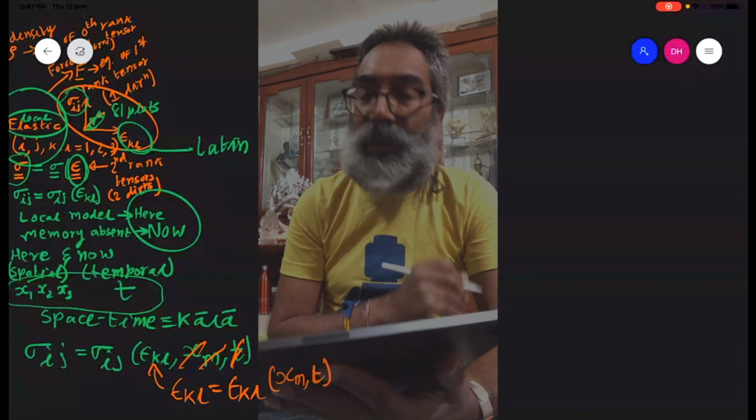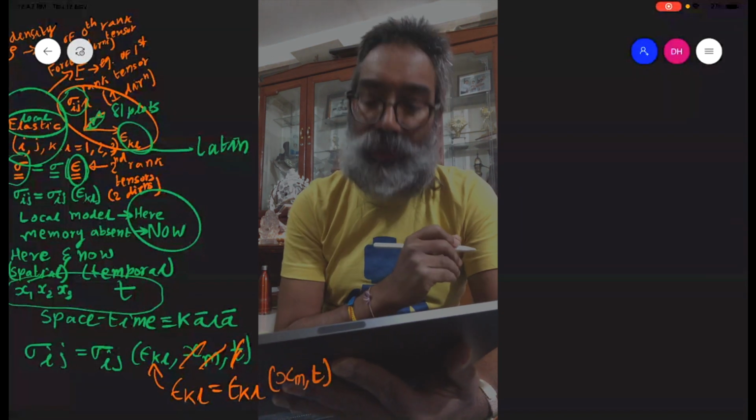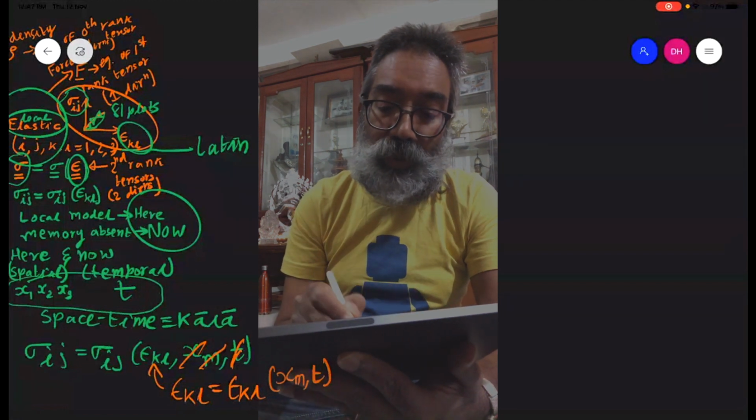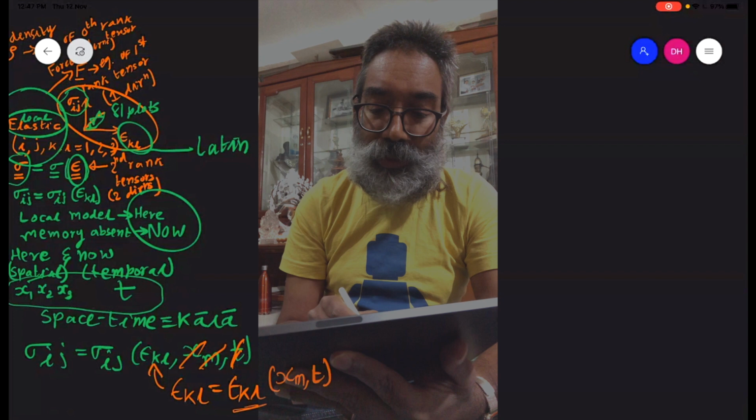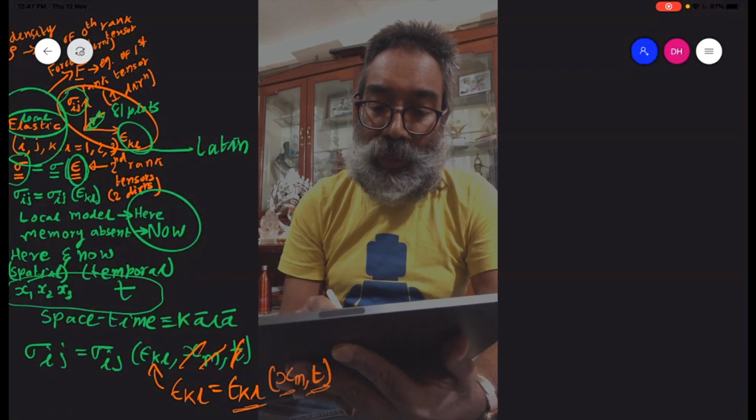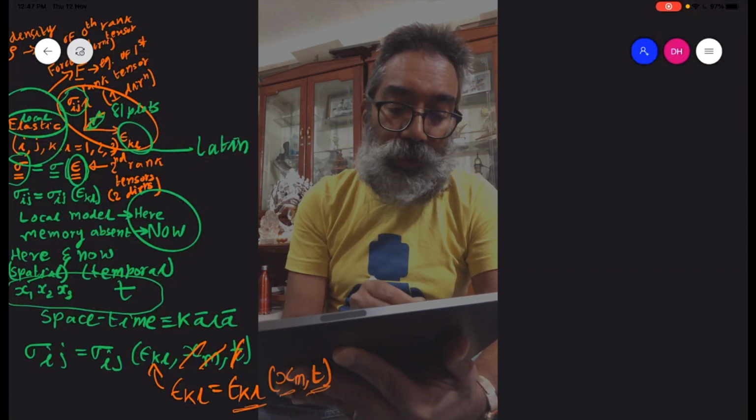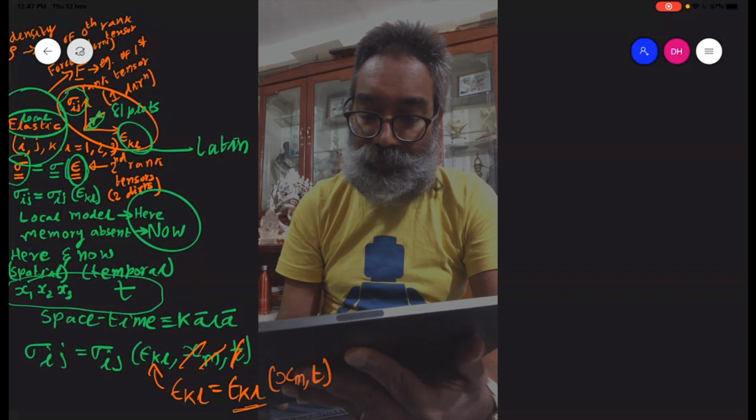Same way, sigma ij is also a function of xm and time, but its dependence on xm and time comes through epsilon kl. Because epsilon kl is depending on xm and time, therefore sigma ij is depending on that.